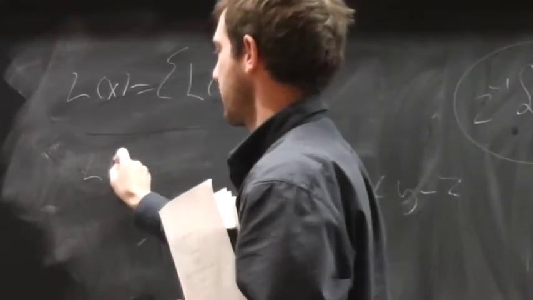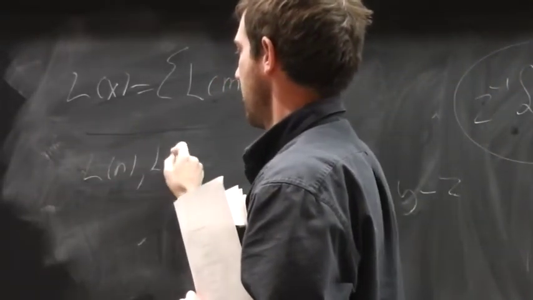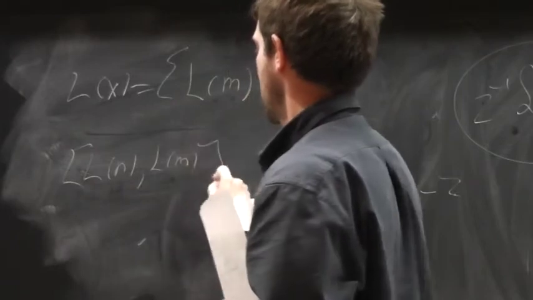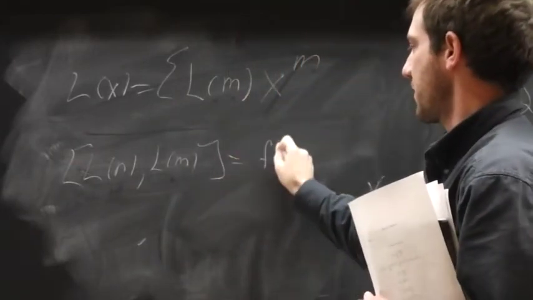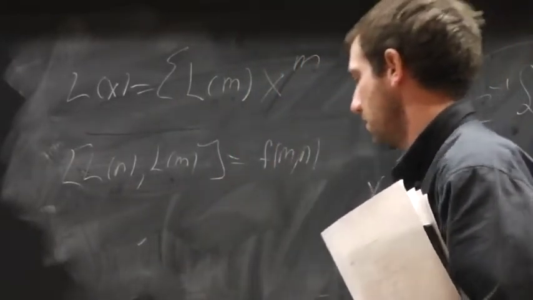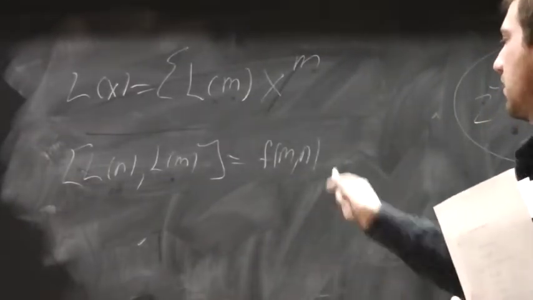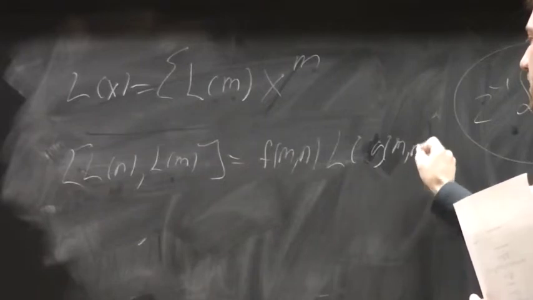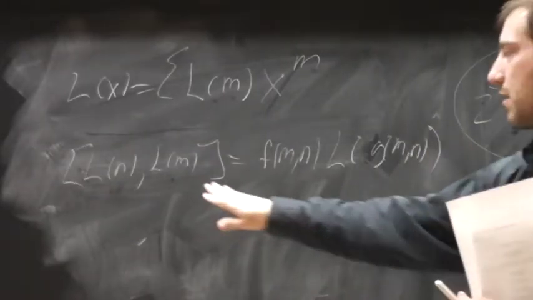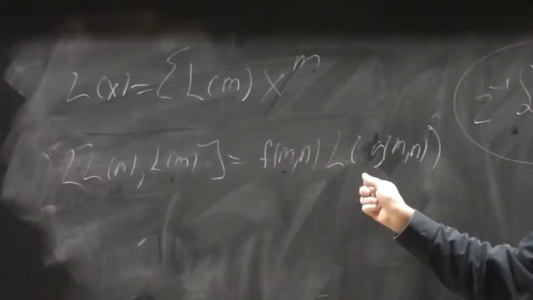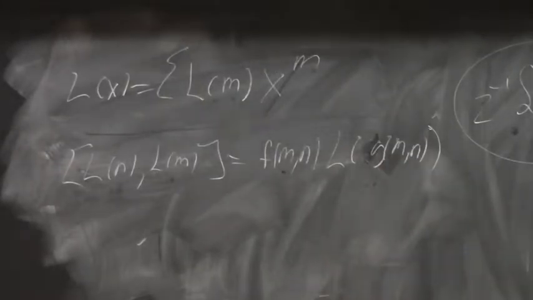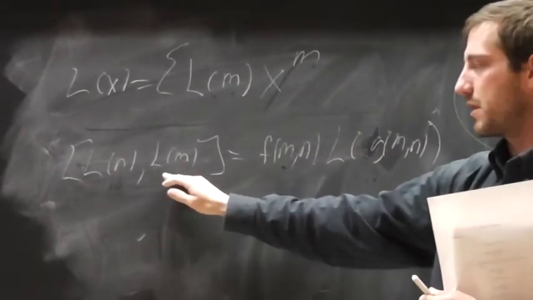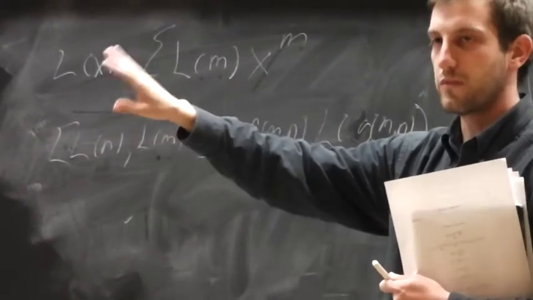So now I'm going to have L of m, equals some function of m and n, minus L of some other function. So I require that it be some multiple of one of the other ones on the list. Now again, let's say I want this to be annihilated by the same thing, 2.